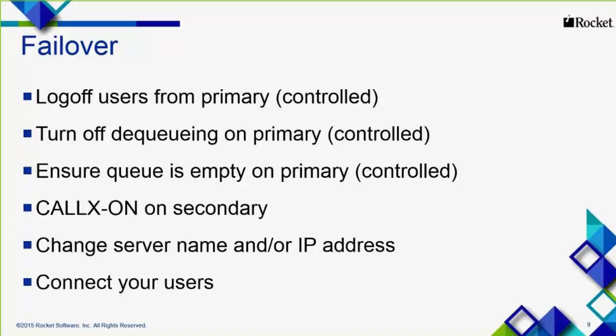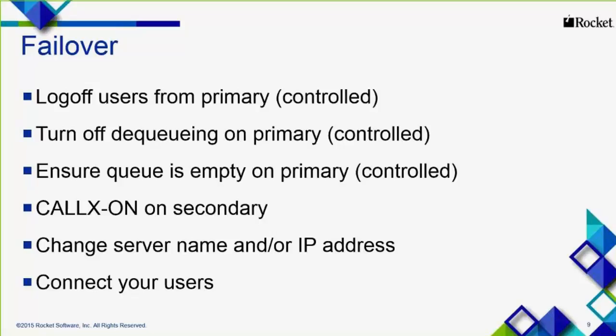So the procedure that you would go through if you were going to fail over, I'm kind of going to detail here, maybe a controlled failover and a not controlled failover, an actual unplanned system outage.